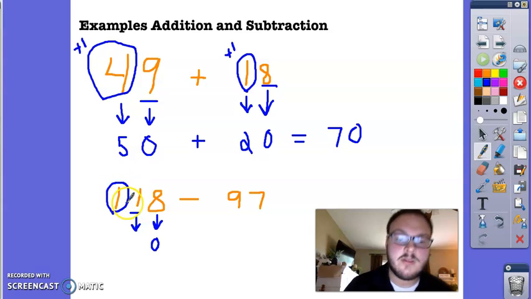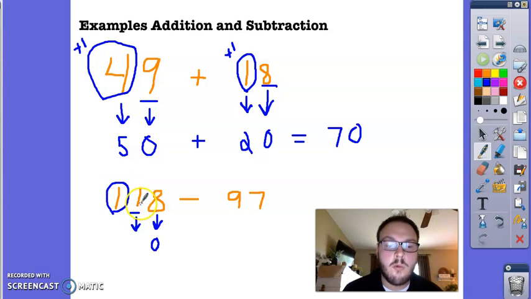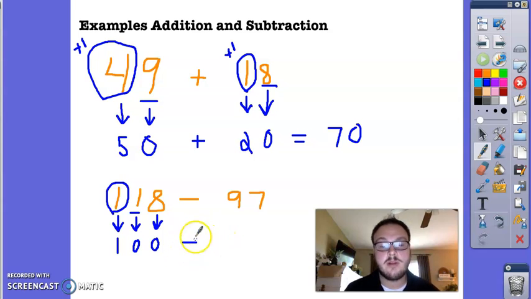I need to look at this. Is 1 4 or less, or is it 5 or more? We know that 1 is less than 4, so that means my hundreds place is going to rest, remaining the same. So that would round to the number 100. Need to bring down my operational sign, so I'm bringing down my subtraction sign.